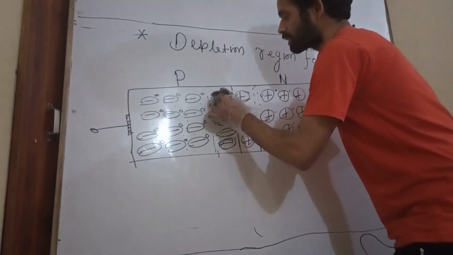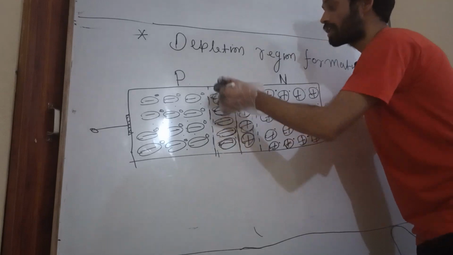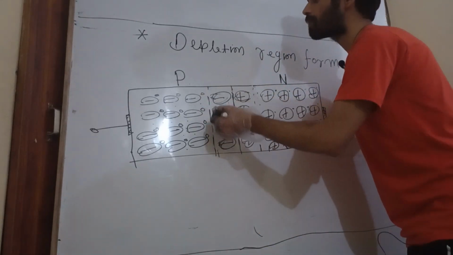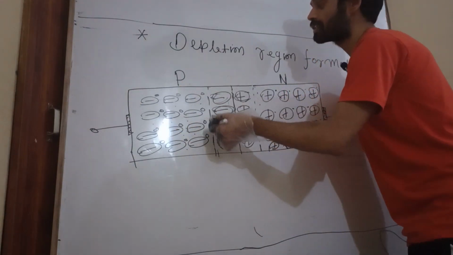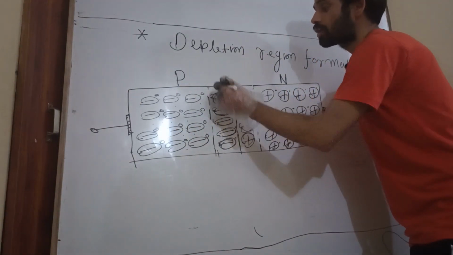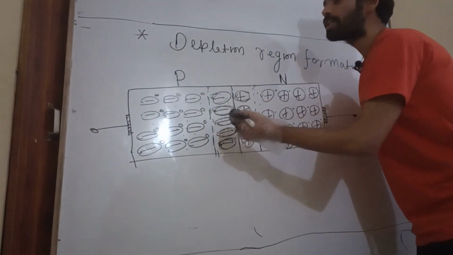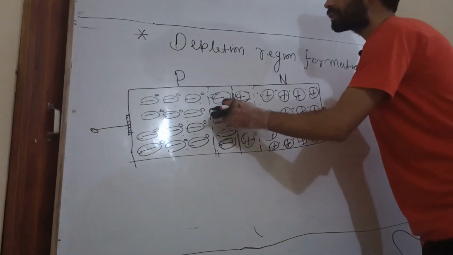Now they can't neutralize, meaning they are unneutralized. They are immobile ions and uncovered ions, and hence on the p side there is some region near the junction which is depleted of what? Which is depleted of holes.